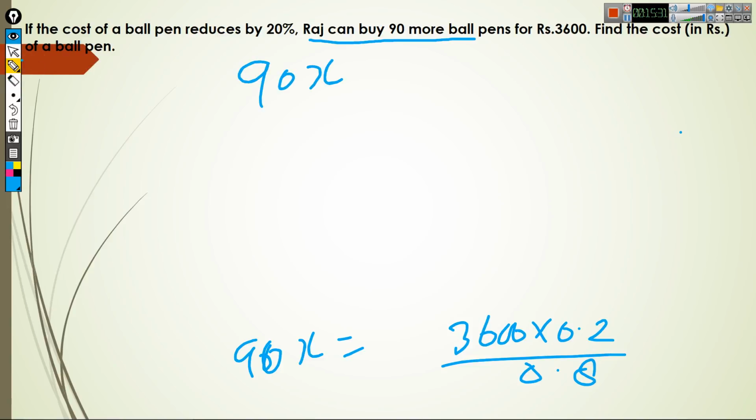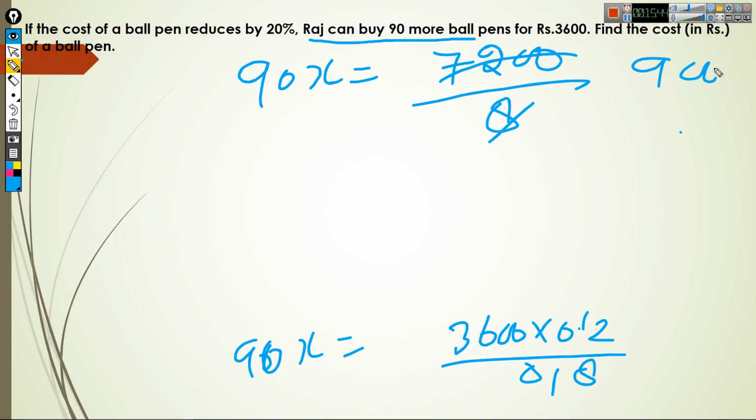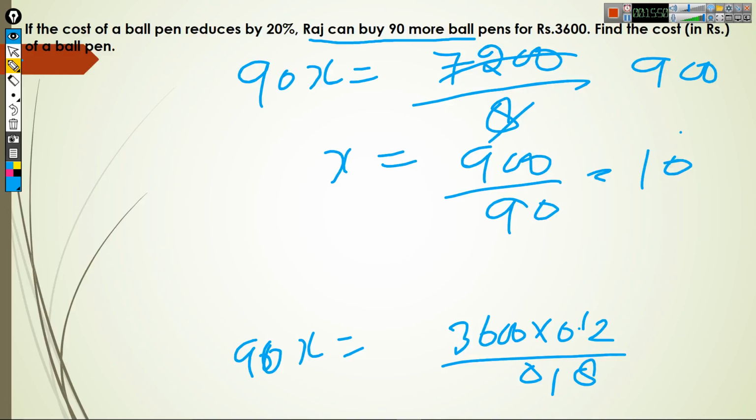So 90x is equal to 36, we can remove this point, and 36 into 2, 7200, 7200 divided by 8. 8 9s are 72, double 0, 900. So x is equal to 900 divided by 90, that is equal to 10. So the cost of a ball pen is 10 rupees.